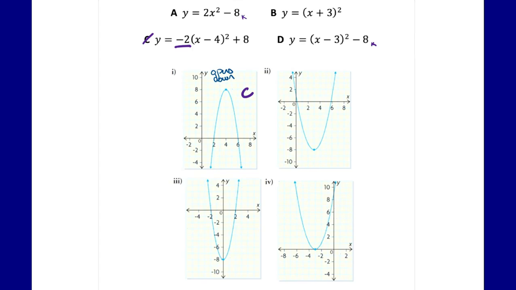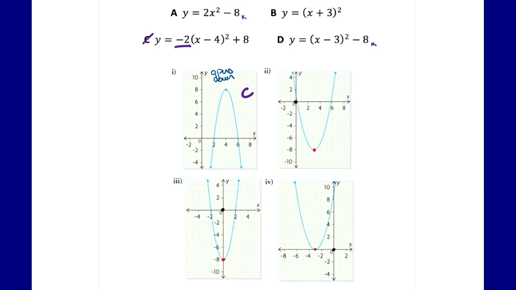So if I look at my 3 remaining graphs, if I put a point at their vertex, and let's put a point at the origin for a reference, there's only 2 graphs that have moved down. And that would be number 2 and number 3. So both of those have moved down 8.